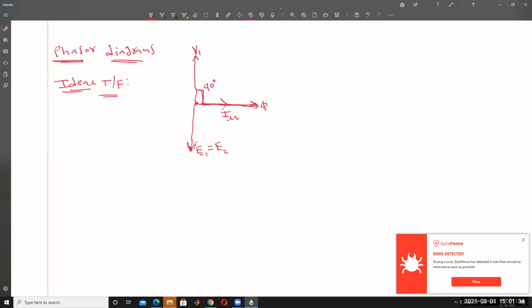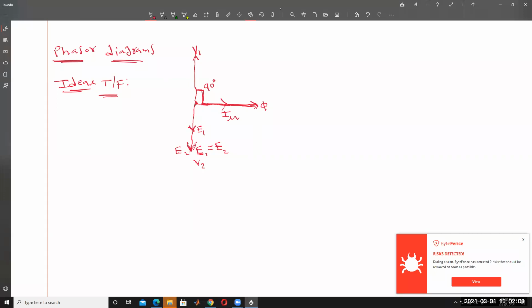Thus V2 equals E2 equals E1, because both E1 and E2 are in the same transformer core material. The magnitudes are different, that is step up and step down, based on E1 and E2. But these two are both in phase. This is for the ideal transformer.